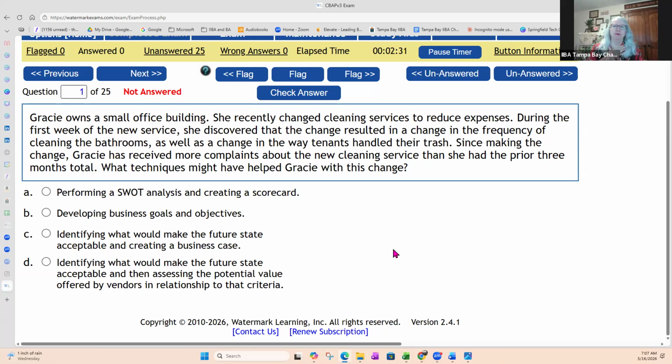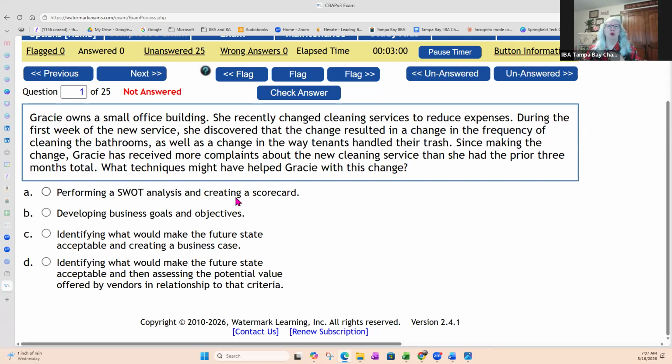During the first week at the new office, she discovered that the change resulted in a change in the frequency of cleaning the bathrooms, as well as a change in the way the tenants handled their trash. Since making the change, Gracie has received more complaints about the new cleaning service than she had in the prior 3 months total. What techniques might have helped Gracie with this change?